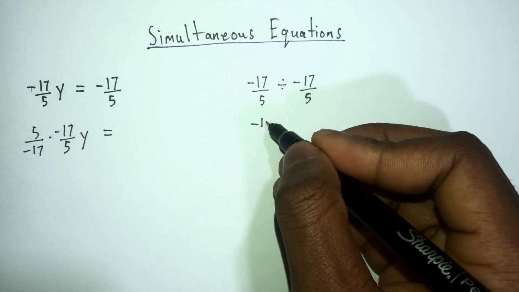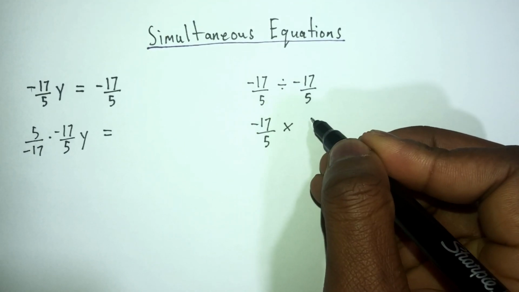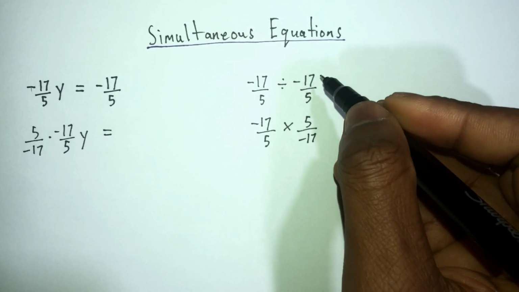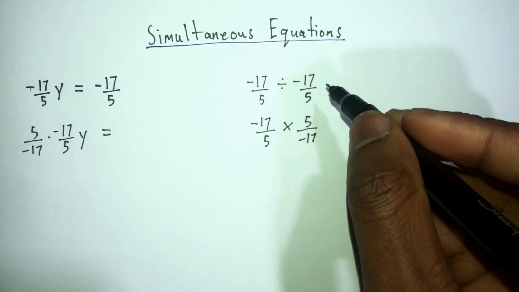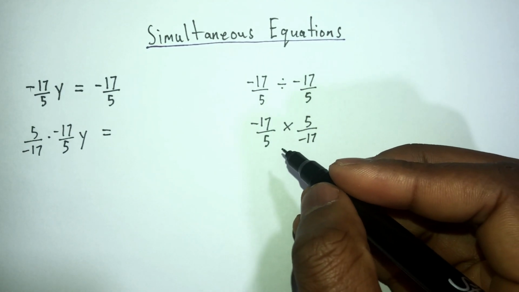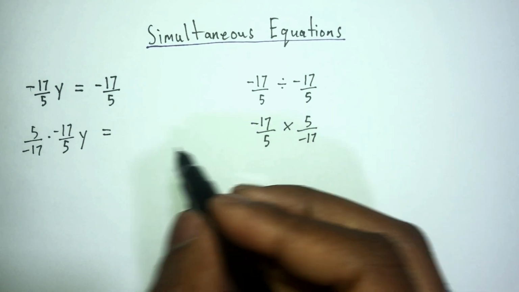So this leaves us with negative 17 over 5 times 5 over negative 17. So with the reciprocal, we simply flip the numerator and denominator. And that's how I arrived here.